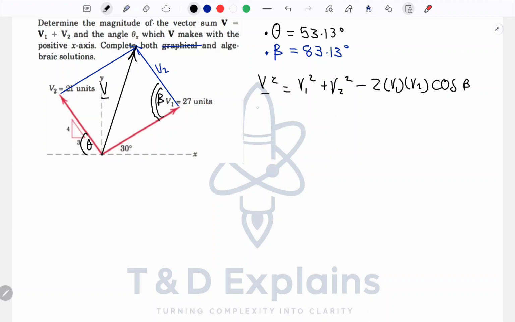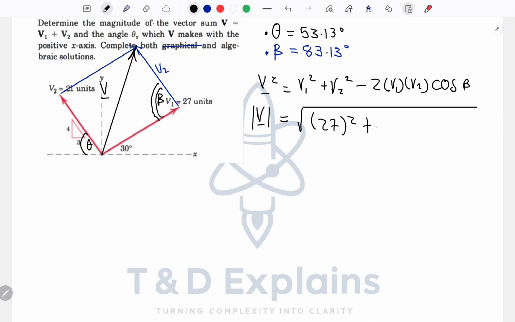So V is equal to the square root of the following expression, V1 squared. V1 is given as 27 units.